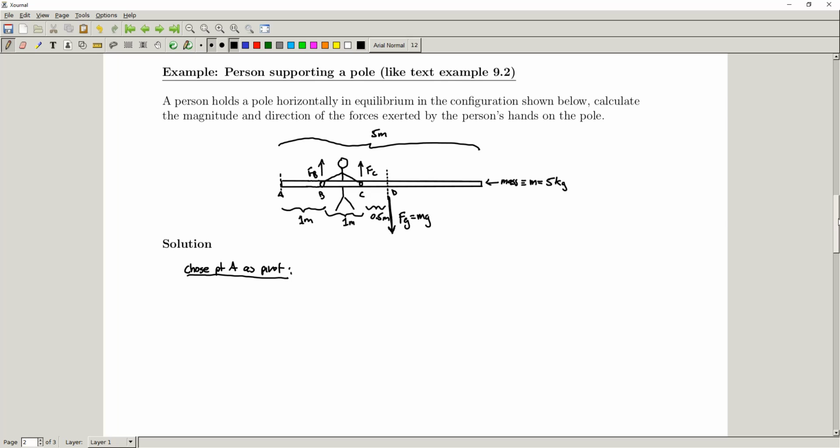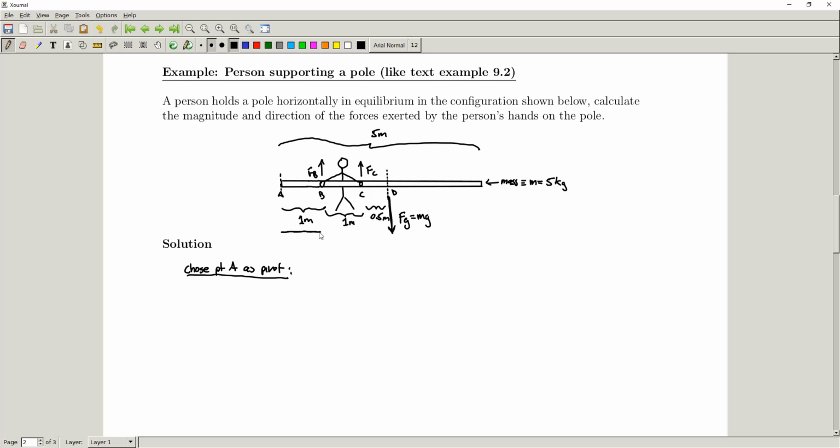So I have some numbers here, but we'll work through it. Okay. So if A is our pivot, then we're going to have a couple of distances here that we need to consider. We need to consider the distance from A to B, the distance from A to C, and the distance from A to D, because those are going to be the points at which our forces are applied, right?